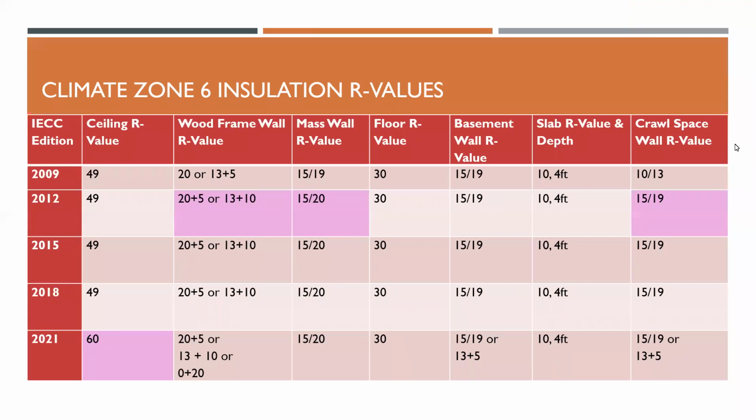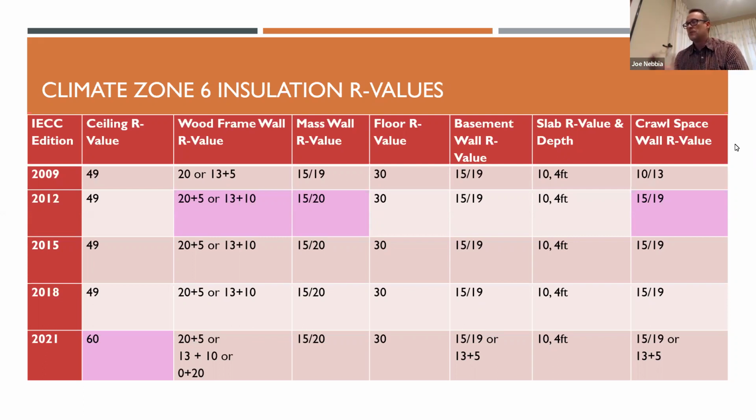For basement walls, this works differently than the mass wall. Mass wall is an above grade wall. Basement walls might be made of the same thing, but they're treated differently. So for a basement wall, the 15/19 means 15 for continuous insulation and 19 for cavity insulation. So cavity might be if I'm finishing the basement and I've got a framed wall, I've got insulation in my cavities.